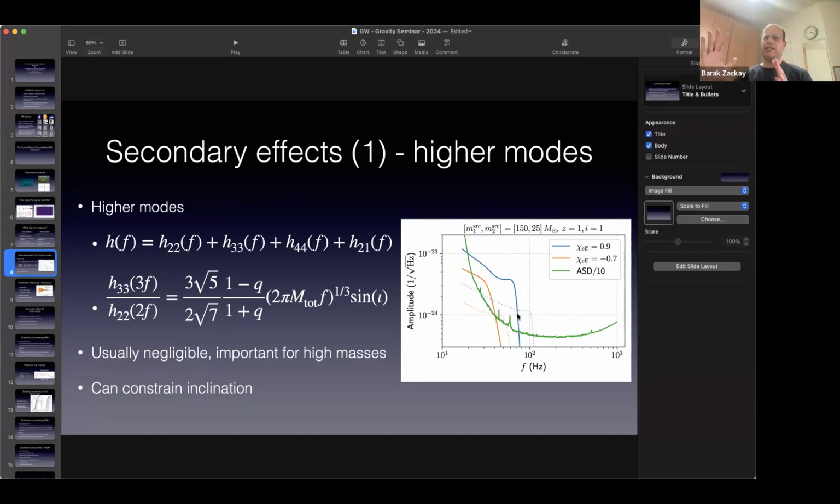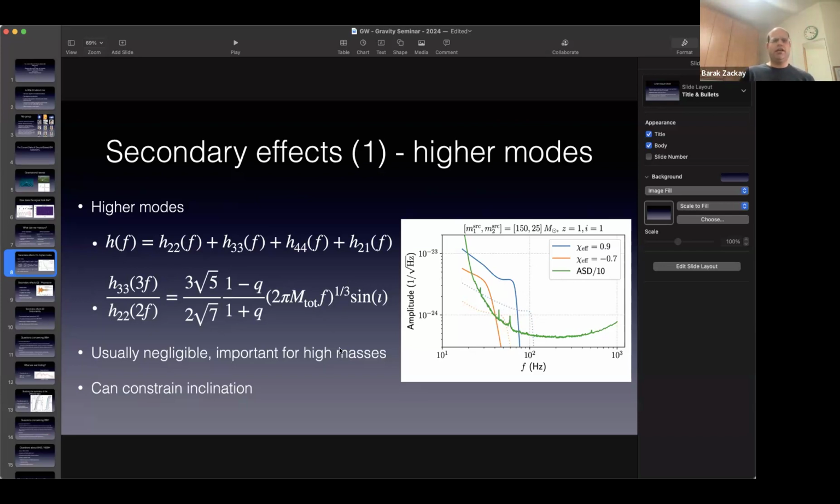But if I take this system and I now push it to the left, pushing it to the left means increasing the mass, then the 2-2 mode will get out of band before the 3-3 mode will get out of band. And as a result, if I want to discover the highest masses with LIGO, I need to include higher modes in the search.